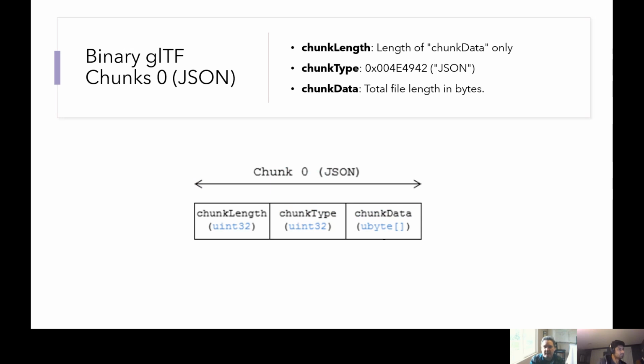So for chunk 0, we have a fairly straightforward definition of what the data includes.